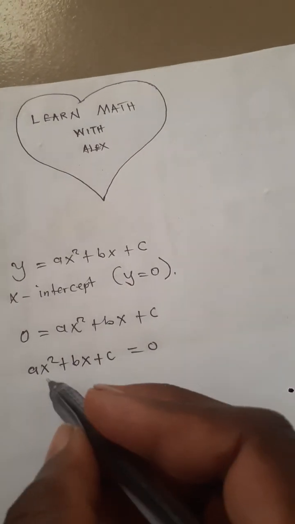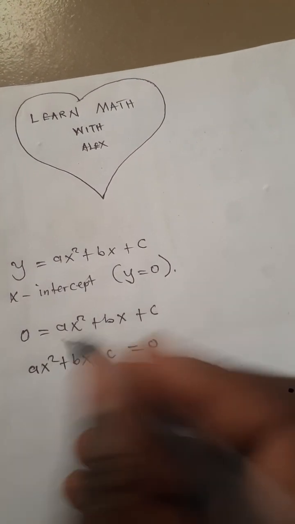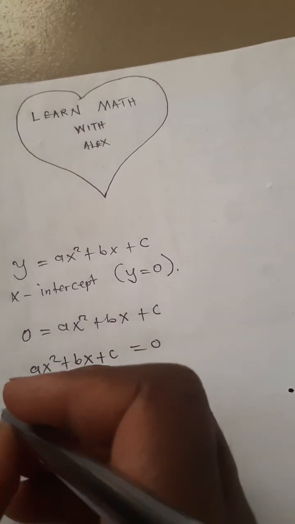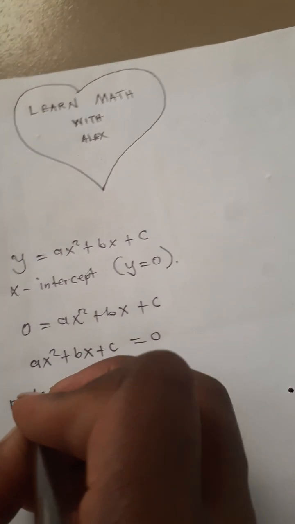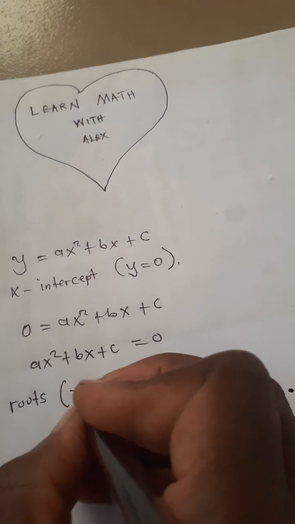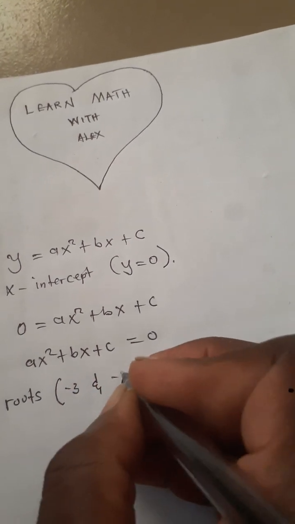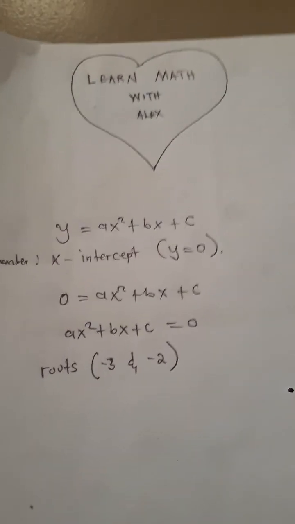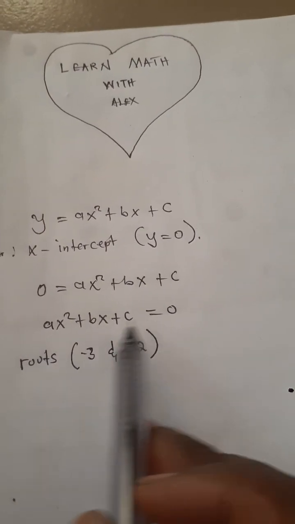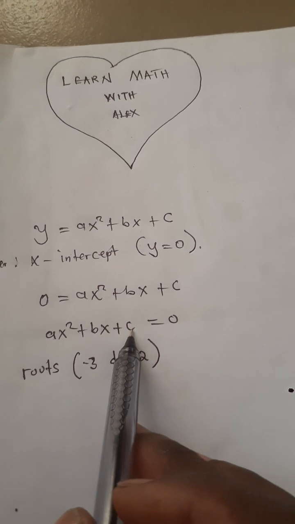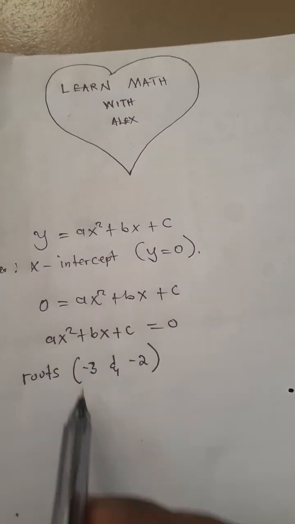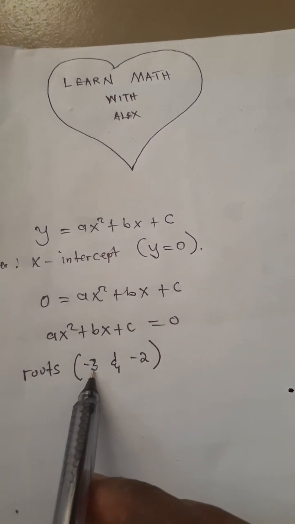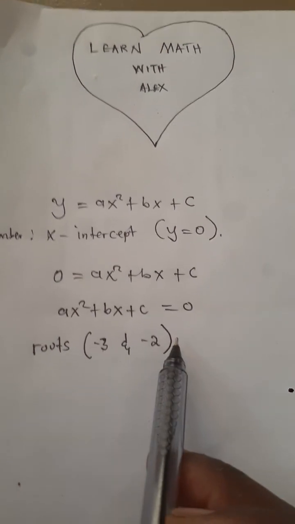But we know the values of x, so we've been given the roots. The roots are -3 and -2. What that means is that when you find the values of a, b, and c and solve this equation, you need to get your roots as -3 and -2.